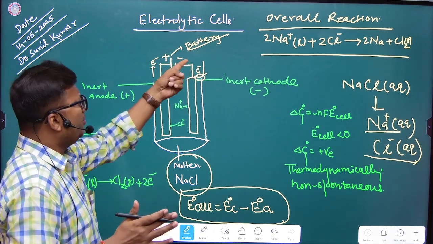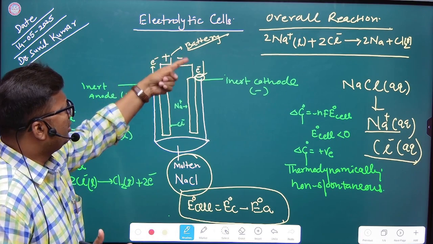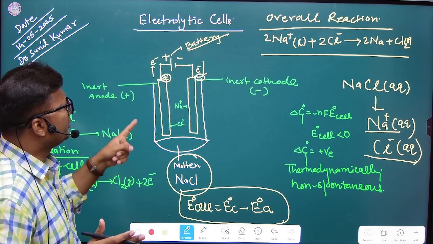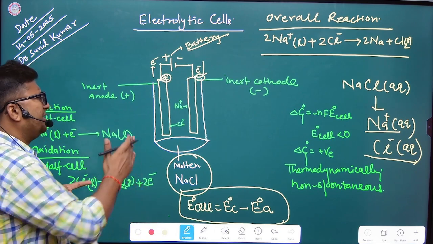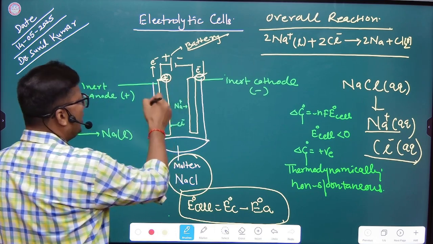So the main use of this battery is to create a potential difference between these two inert electrodes, and this potential difference develops a positive charge on one inert electrode.